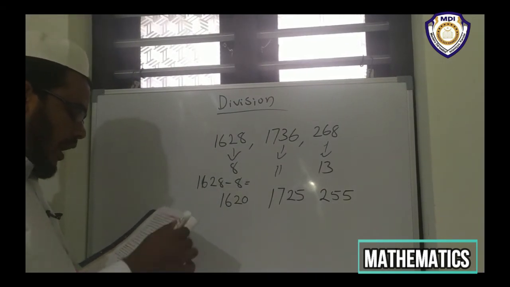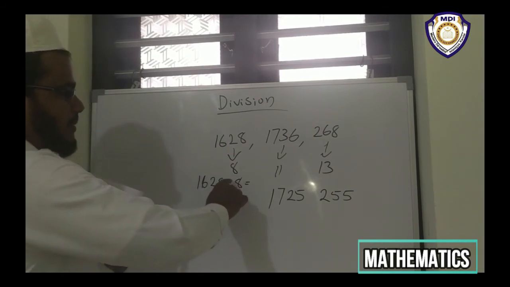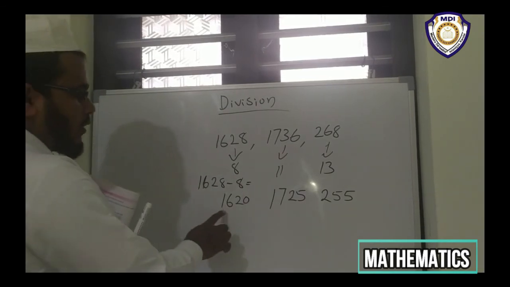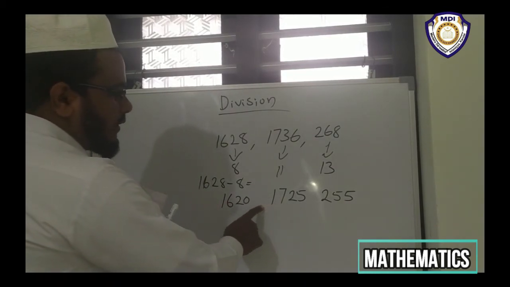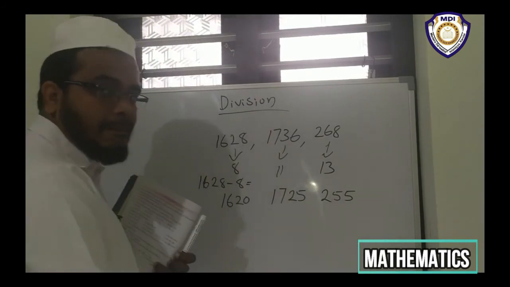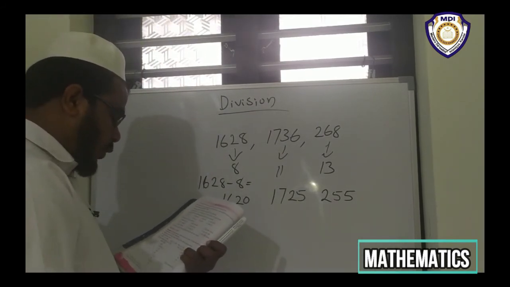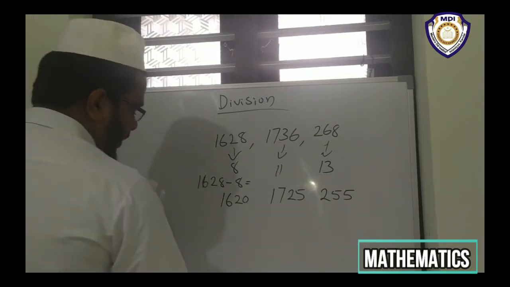After that, the first step is to subtract. Then we get 1620 here, 1725 here, 255 here. Then what will we do? Yes, we have to find the HCF by the division method.